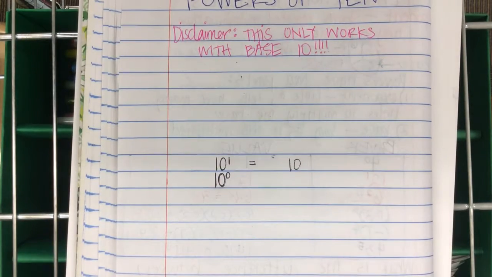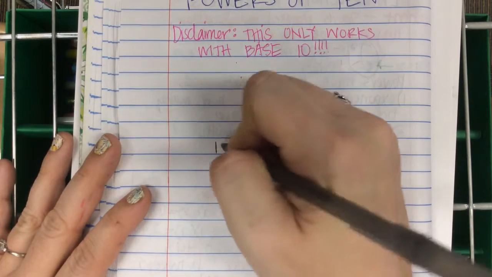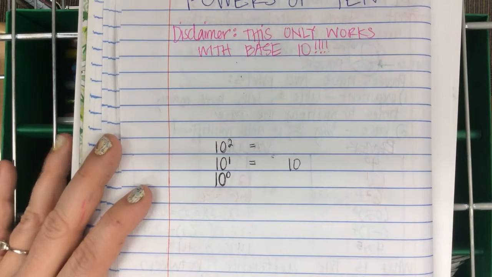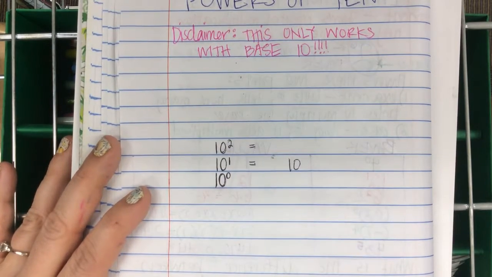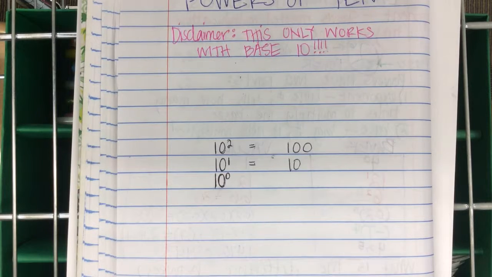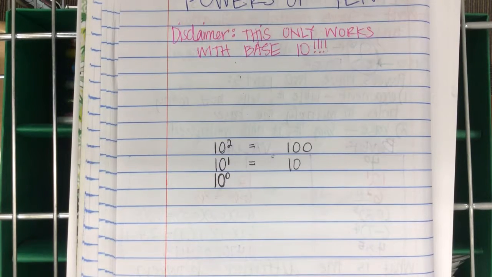10, right? Ten to the power of 2 equals what? How do you know 100? Because 10 times 10 is 100. You should be able to do this without a calculator. Carlos, what's your trick?